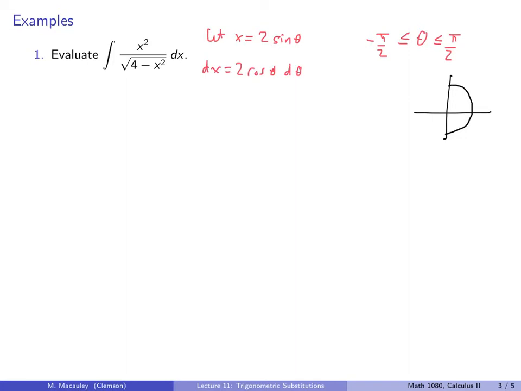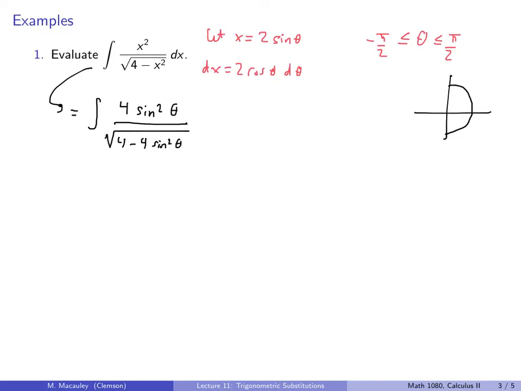And if we substitute this back into the integral, this integral becomes, let's see, x squared. On top we have 4 sine squared theta, and on the bottom we have 4 minus 4 sine squared theta.